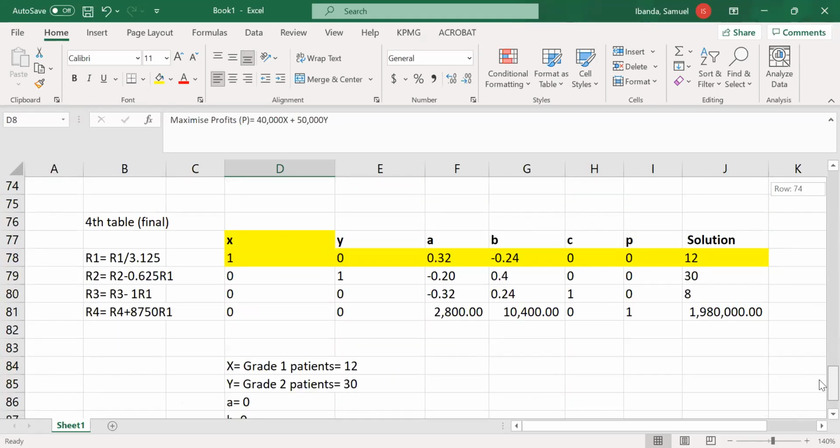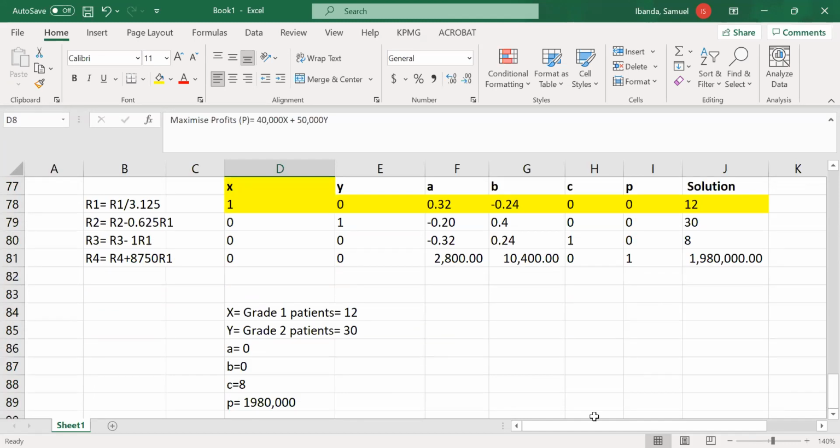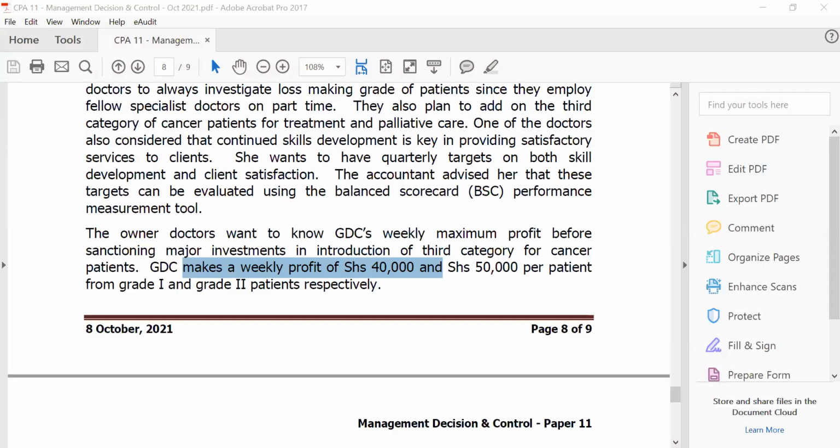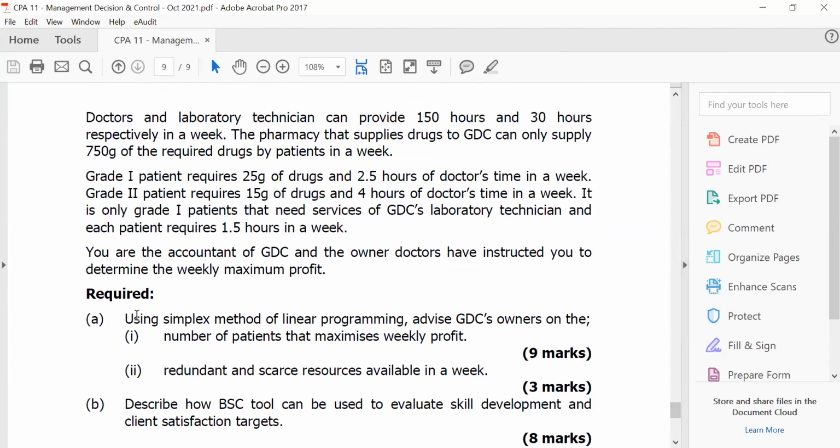And if you remember what the examiner asked us, when you go back to our question, the examiner asked us to use the Simplex method of linear programming to advise GDC owners on the number of patients that maximize the weekly profit.